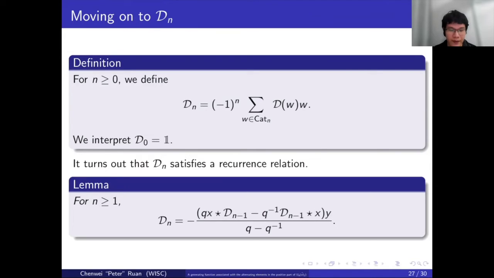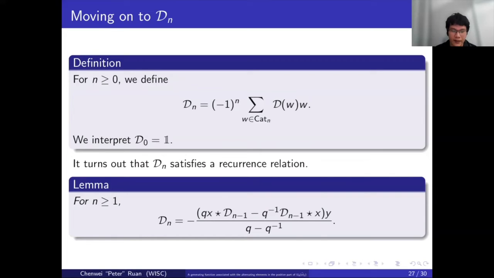First we define QD sub n in a similar way as we define D sub n. It will be the linear combination of Catalan words of length 2n with coefficients (-1)^n times QD of W. And we interpret QD sub 0 as 1.